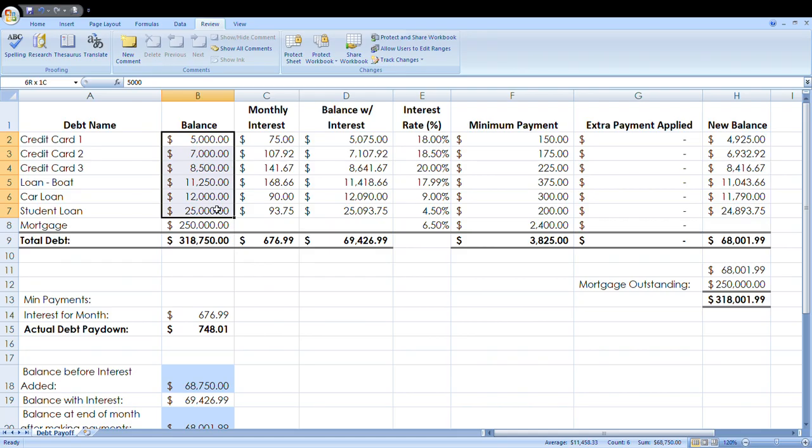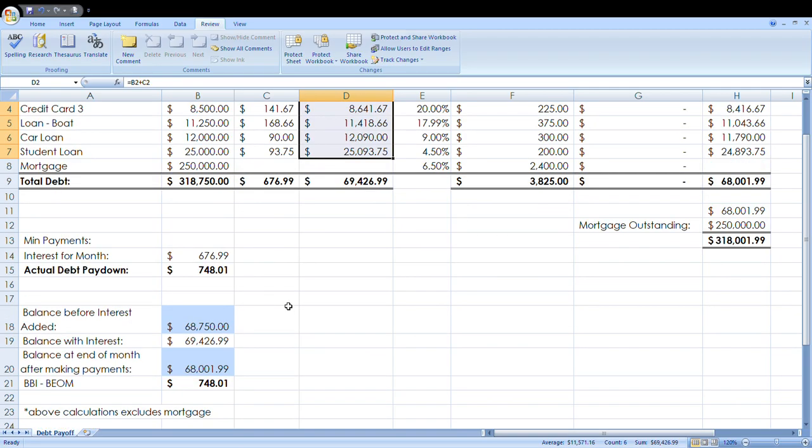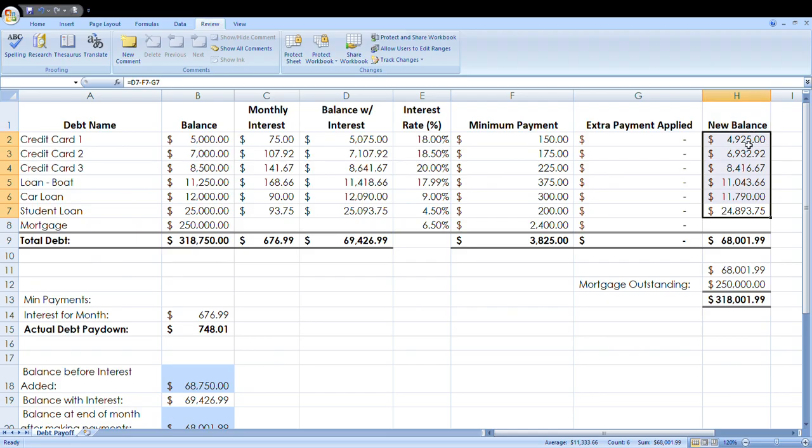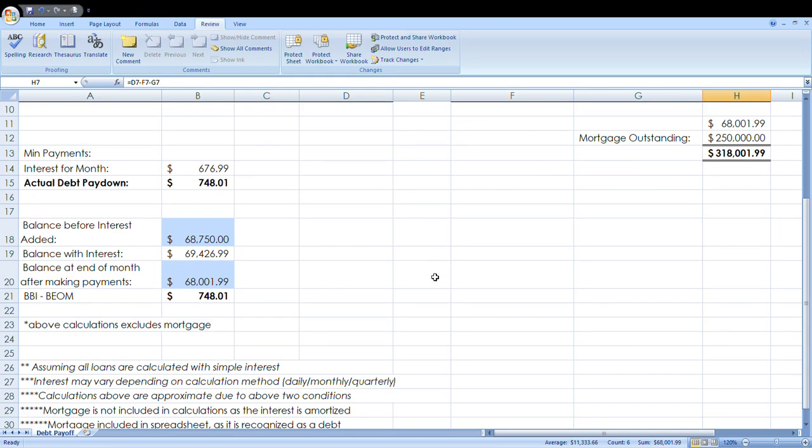The balance with the interest right here is $69,426.99. So the balance at the end of the month over here is $68,001.99, which ties out to 748.01.